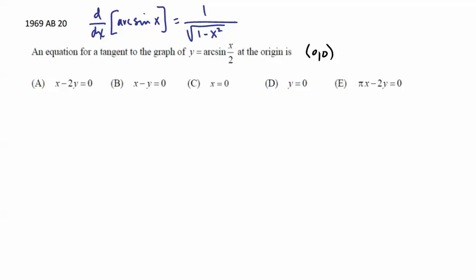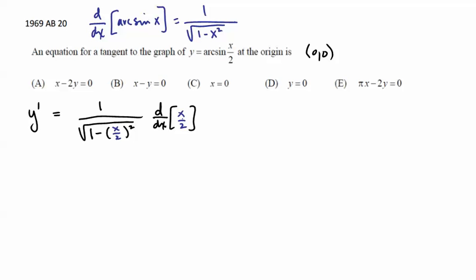So the derivative will be y prime equals 1 over the square root of 1 minus whatever the inside function is, (x over 2) quantity squared. Then we're going to multiply by the derivative of the inside function, and I'll just write it out this way first, times the derivative of the inside function of x over 2.